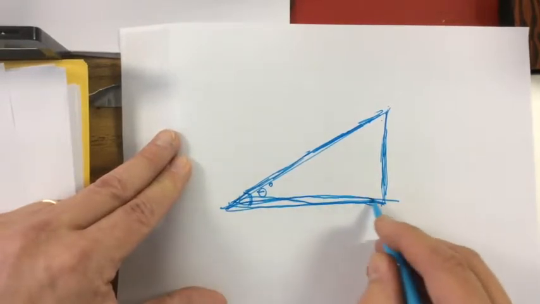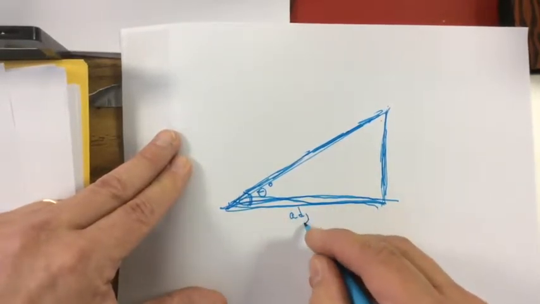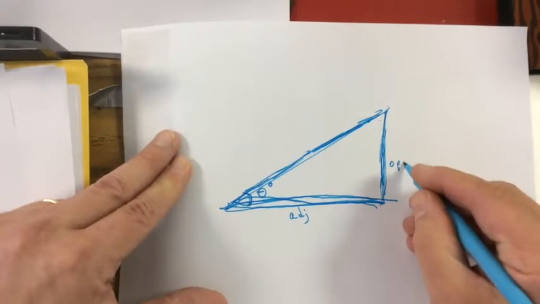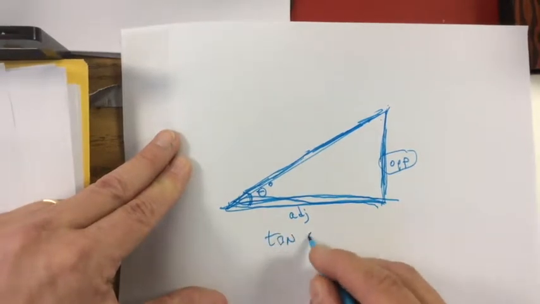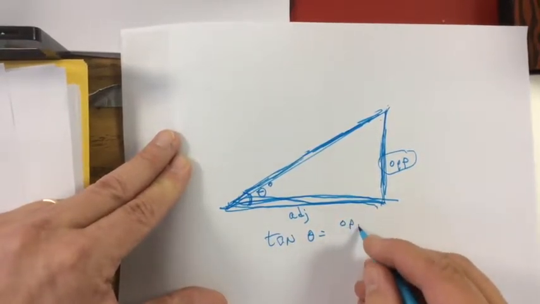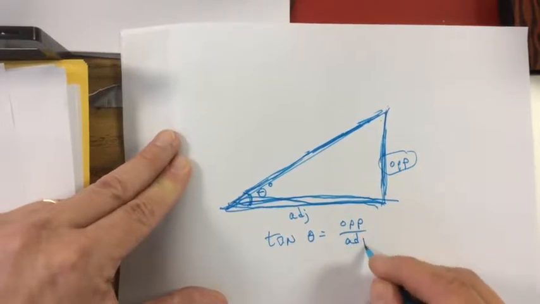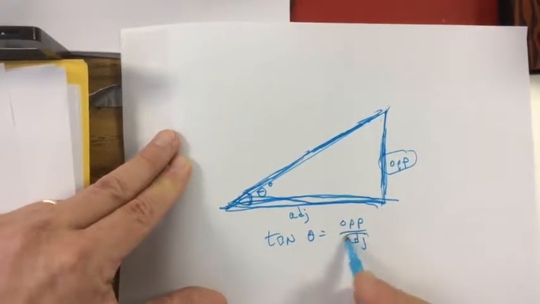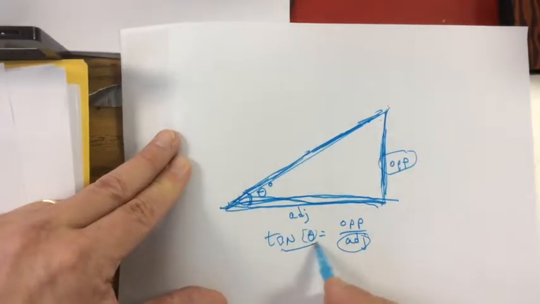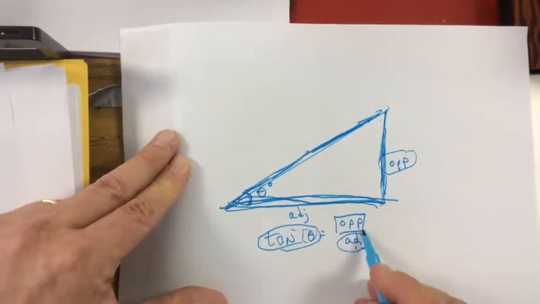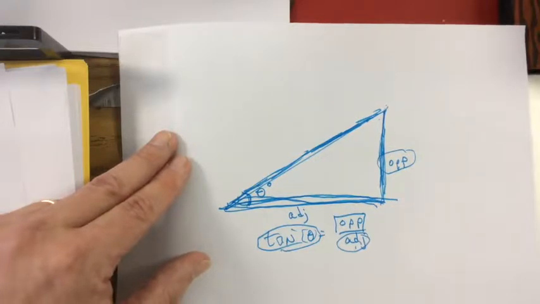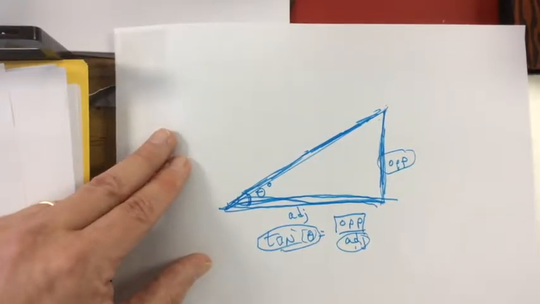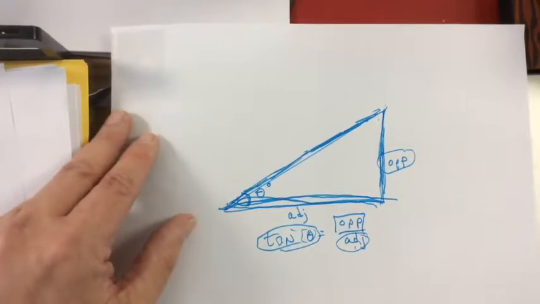Whatever distance this is, you've measured it. The one you don't know is this one over here, but you do know that the tangent of theta is equal to the opposite over the adjacent. And that means if you know this number and you know this number, you can look up this number, multiply these together, and that will tell you what the opposite side is. So the whole purpose of this is to be able to do measurements indirectly.